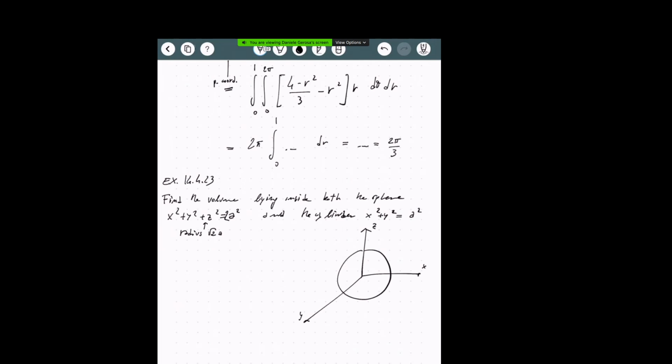So the cylinder lies completely inside the sphere, right? This is the cylinder. The interesting part is what is inside the cylinder and inside the sphere too. So we have two sections, and everything inside here, we care about.